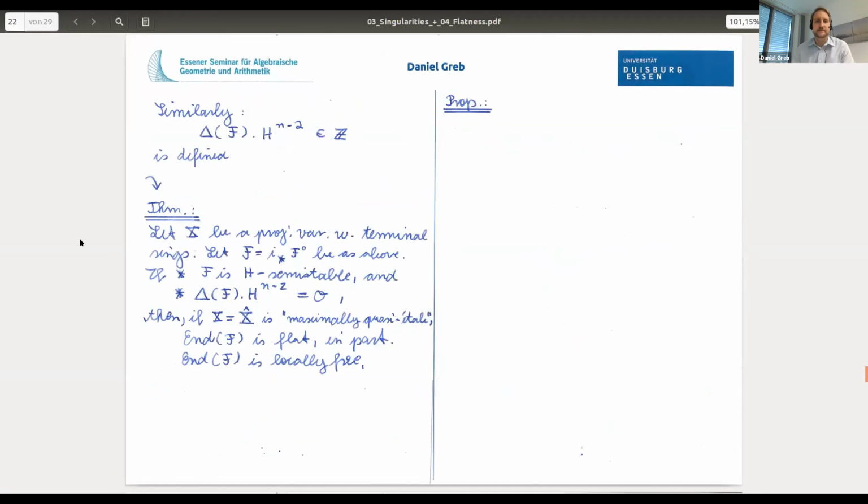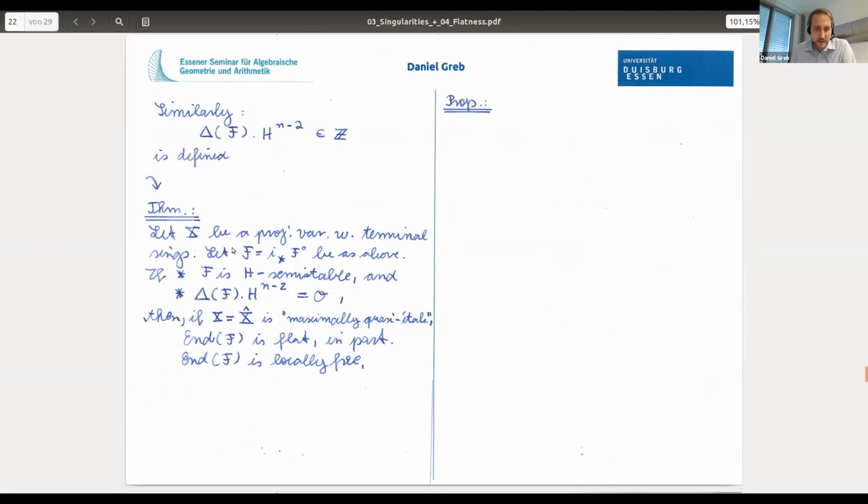So on this maximally quasi-étale cover, that is our name, this endomorphism sheaf is flat. In particular, it's locally free. So a flat vector bundle in particular is a vector bundle.